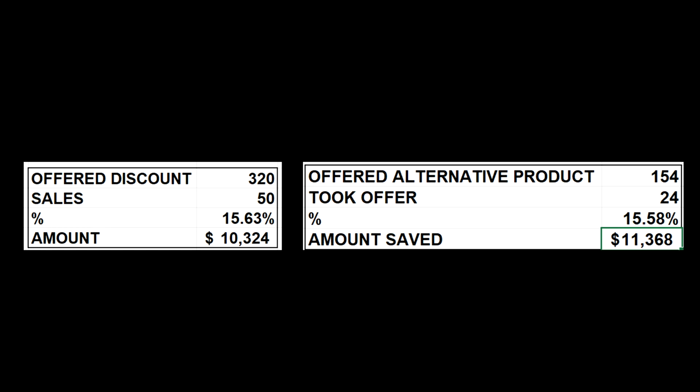Then for the people who didn't want an alternative product, but were prepared to take a product for free, 154 people were offered it in the test, and 24 people took it, just under 16%. And because they saved that money that they would otherwise have lost, that was worth over $11,000 to them.